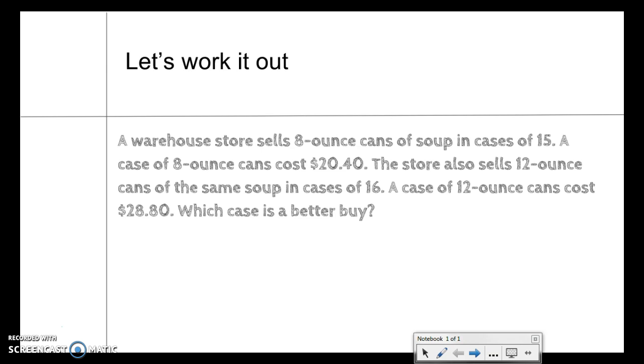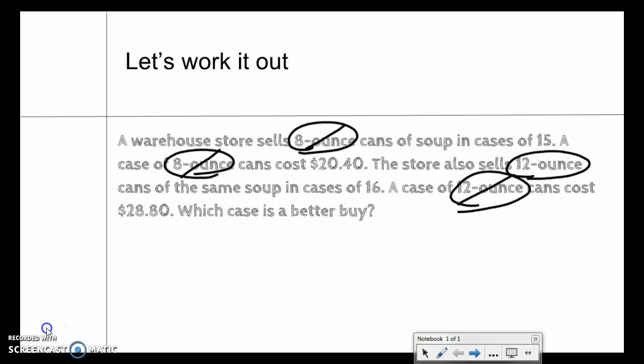All right, so here's how you figure this one out. You're not worried about the ounces yet, okay? So you need to scratch out all your ounces. We're not worried about those right now. We'll come back to them. That kind of narrows down our numbers a little bit. I know when you see those numbers, we get a little overwhelmed, but that kind of narrows it down.